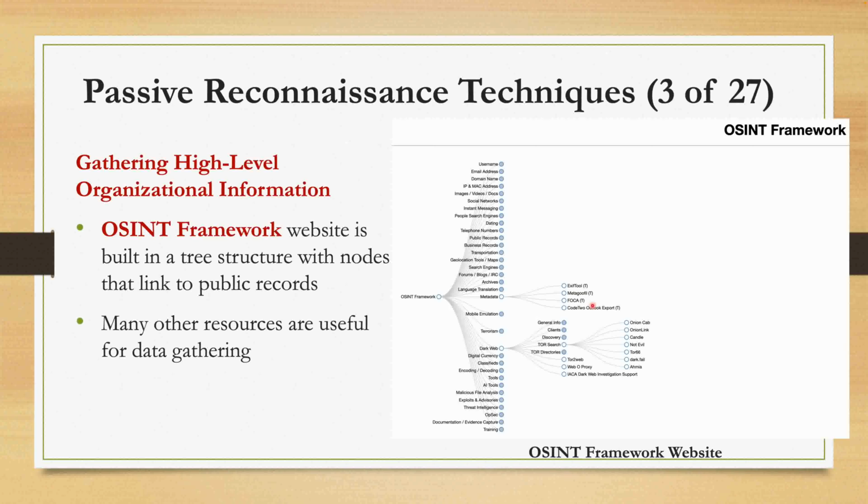Now, the fact is, when gathering high level organization information, leveraging structured tools and resources can significantly streamline the process. This tool in particular is very useful, more than you can ever imagine.